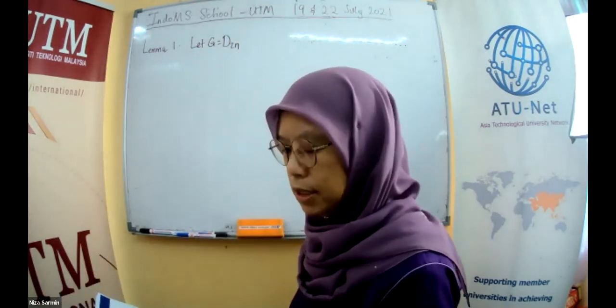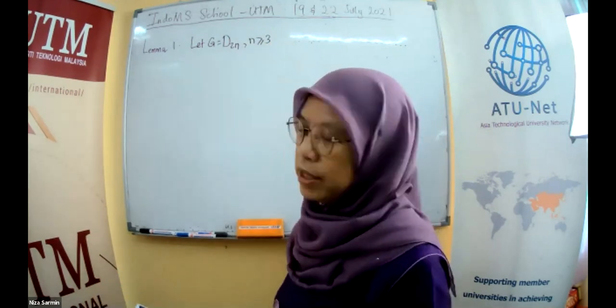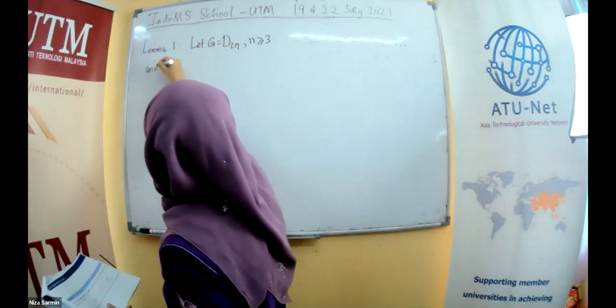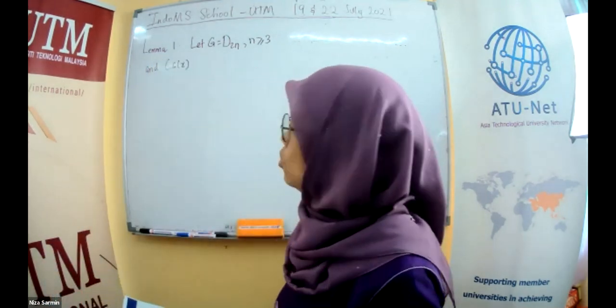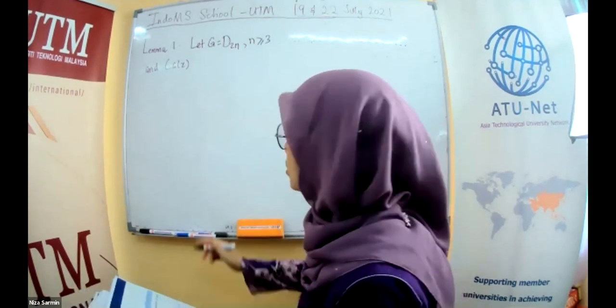So let G be the dihedral group, and we start with D6. I have mentioned this, and Dr. Intan also mentioned the centralizer, right?